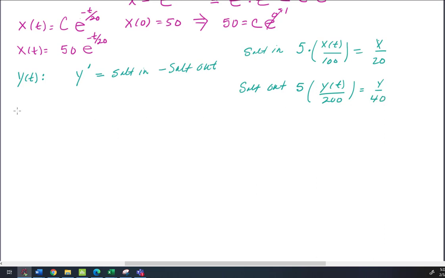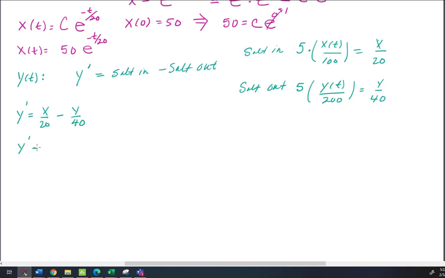So we have found that y prime is equal to salt in minus salt out, which would be x over 20 minus y over 40, and I'm going to transpose this term.